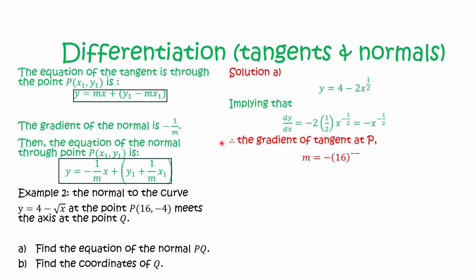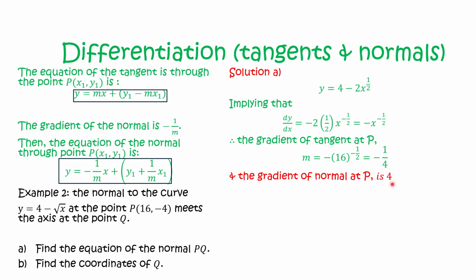The gradient of the tangent at point P, where we substitute x with the x coordinate of P, which is 16, would mean that m is equal to minus 16 raised to the power minus half. Simplifying this further, we get minus 1 over 4 as the gradient of the tangent at P.